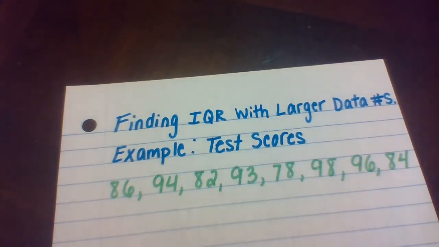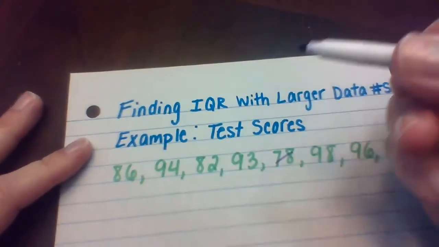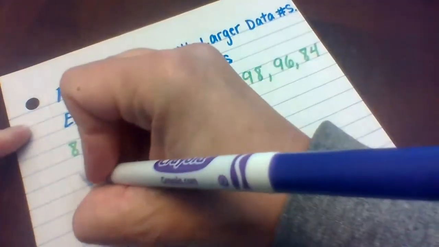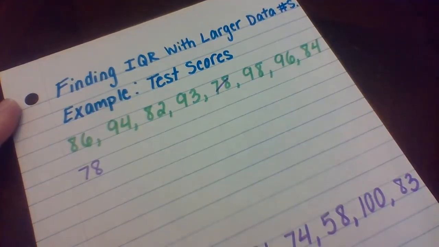So I think my 78 is going to be my lowest score. And I'm going to just cross this off and then rewrite it here. And then I have my 80s.